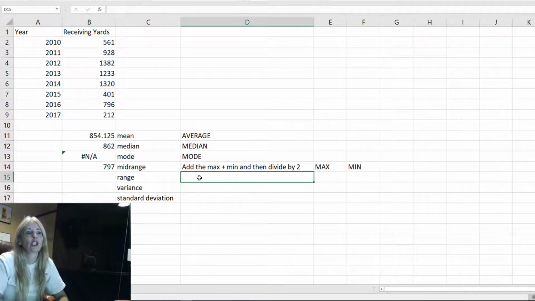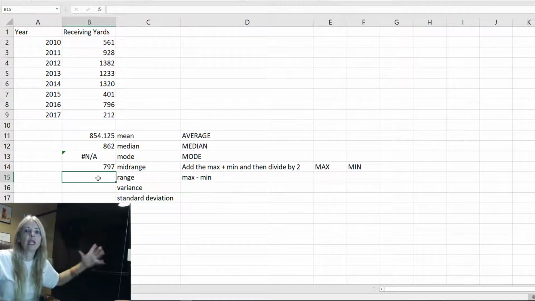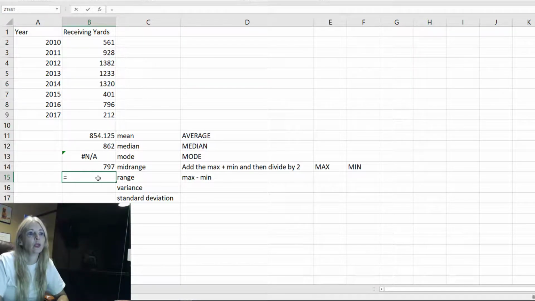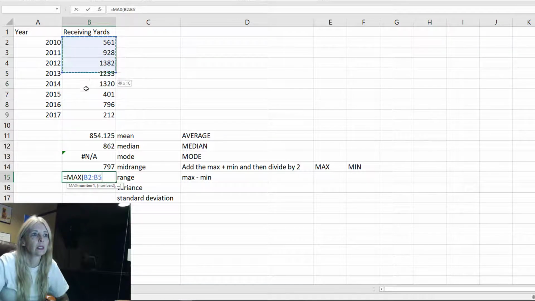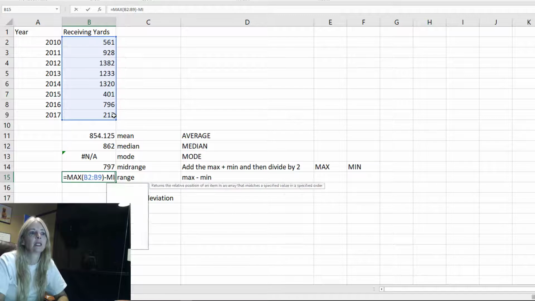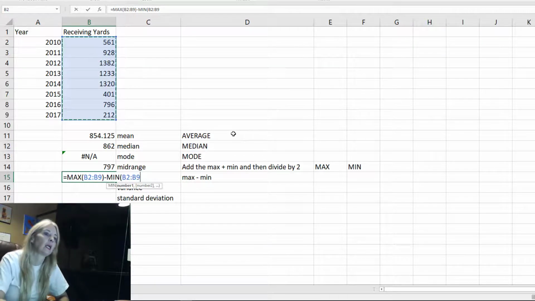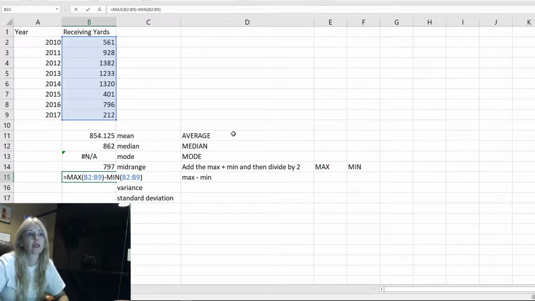The range is simply the max minus the min. In other words, the range of your data from the lower end to the upper end equals max, open a parentheses, highlight your data, close the parentheses, minus the min, open a parentheses, highlight your data, close the parentheses.